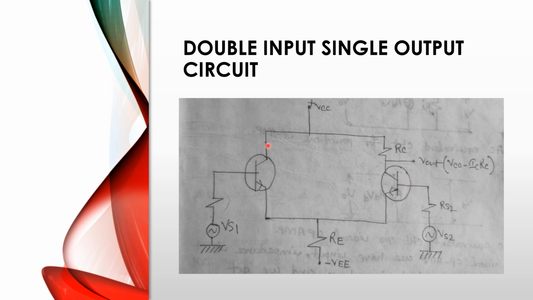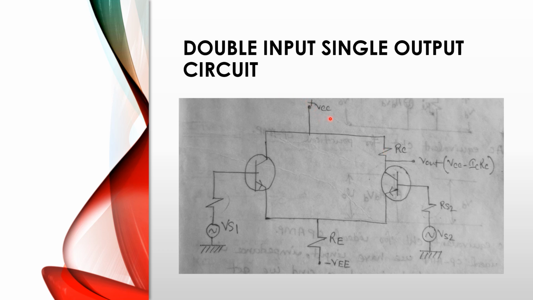Here this is the collector terminal of Q1. Here we have not connected any resistor, but in this terminal we connect one resistor that is RC, the collector resistor, and here we connect positive VCC.